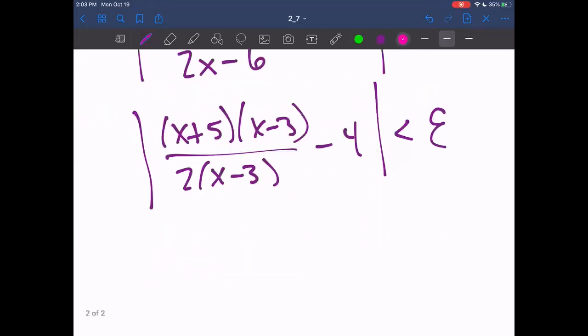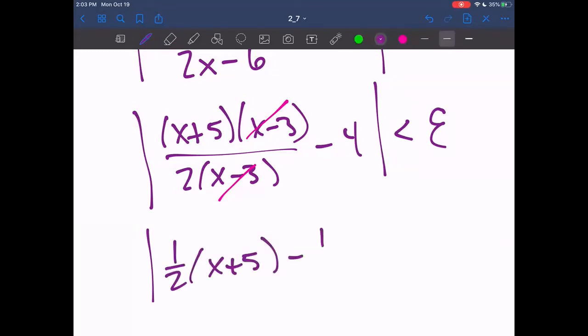Then we cancel our x minus 3's and we get 1/2 times (x plus 5), minus 4. Let's do this in two different steps.